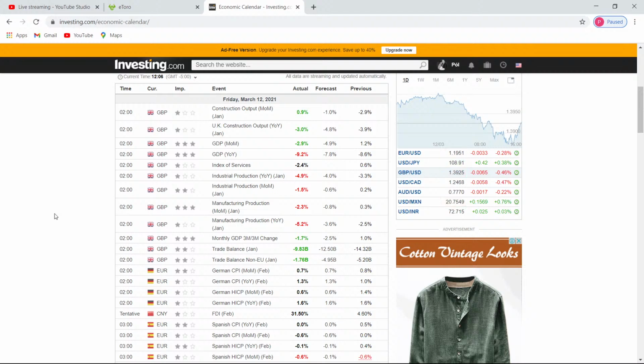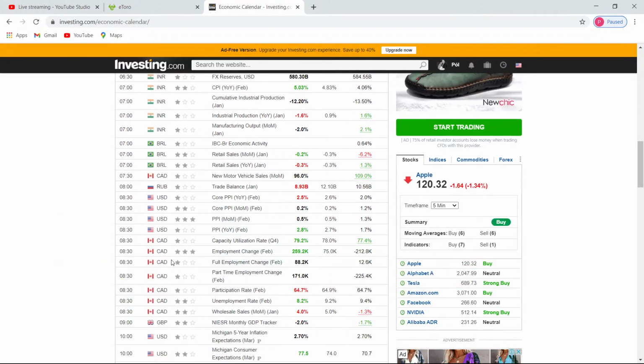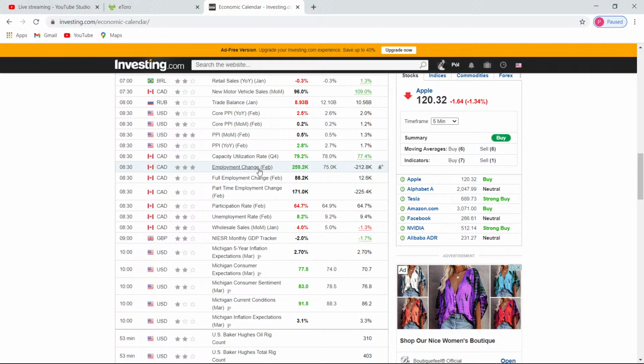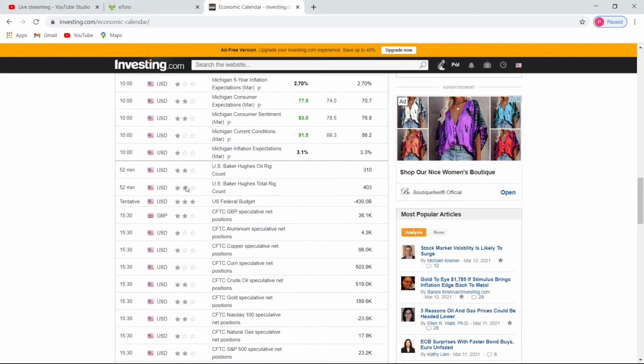So news, of course, has a major effect. Otherwise, there is not a lot of other important news. Canadian unemployment change was also really good, and appreciation of the Canadian dollar will happen because of the same. And then we have the rig count. Due to the fact that oil prices are getting to a level where it is now feasible to start production again for some of these rigs, you will see an increase in the rig count.